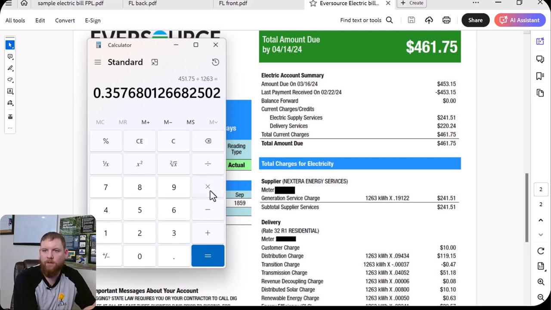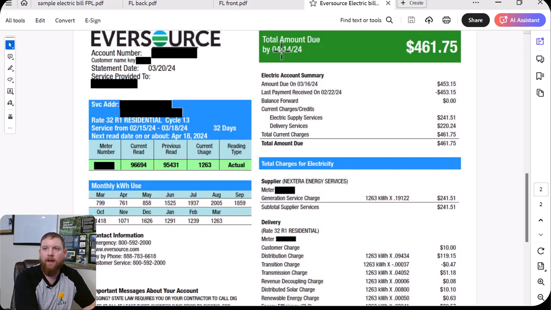Now we're going to multiply that by 100 to give us our cents. So now you can see for every kilowatt hour that we use, the actual cost is going to be 35.76 cents per kilowatt hour in this example as of March, April of 2024.